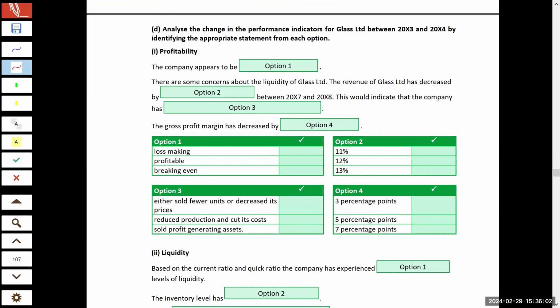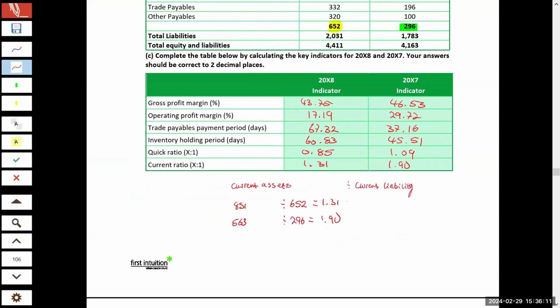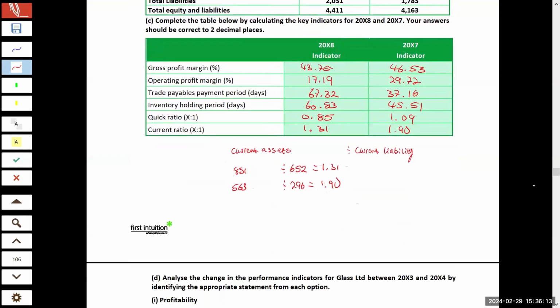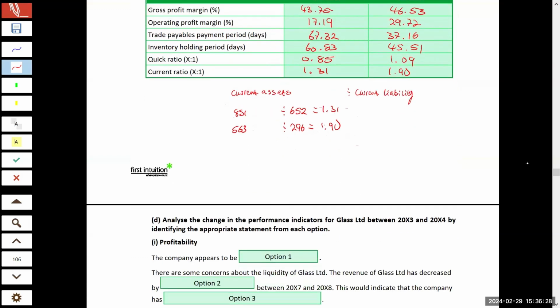The company appears to be either loss-making, profitable, or breaking even. Now, simply all I need to do is just look at the information. And when I look at the profit margins, they're not loss-making either because they've made profits in the first instance. And they're doing more than breaking even. They're profitable, aren't they? We can see that in both years. Look at the gross profit, look at the operating profit.